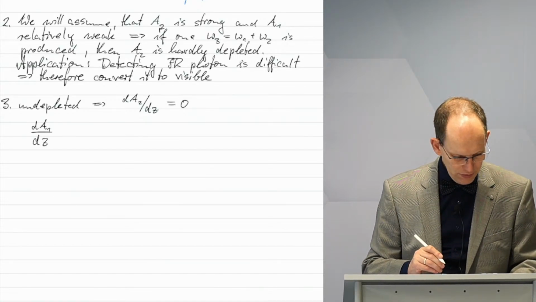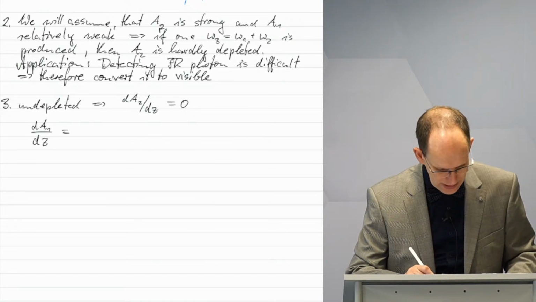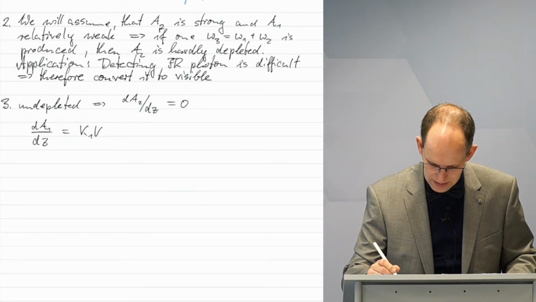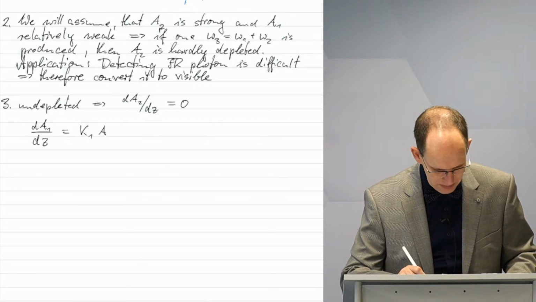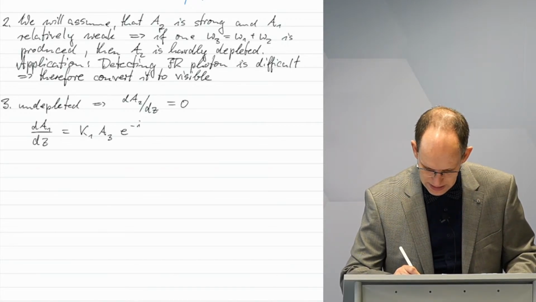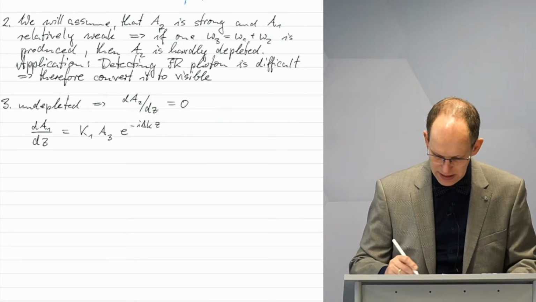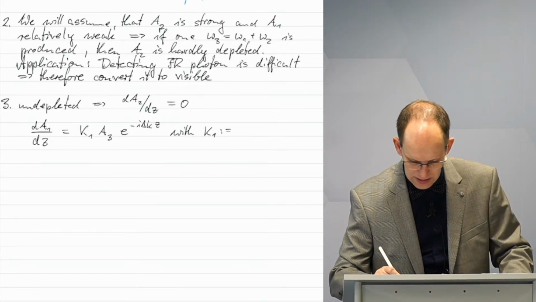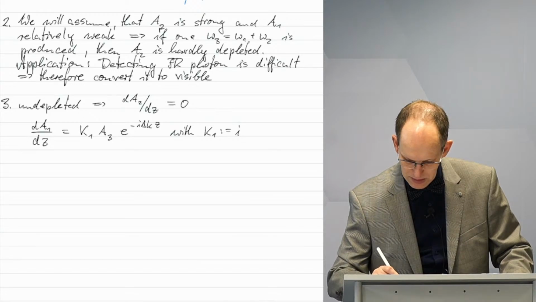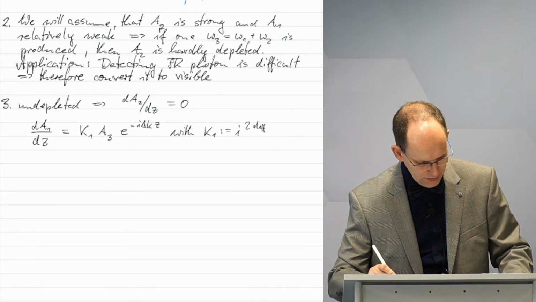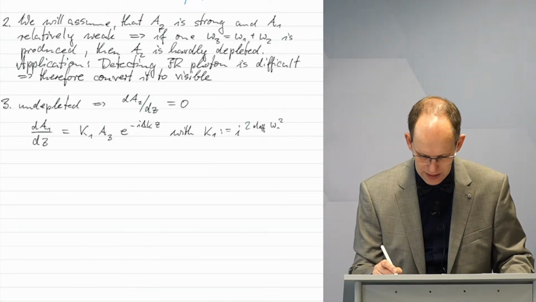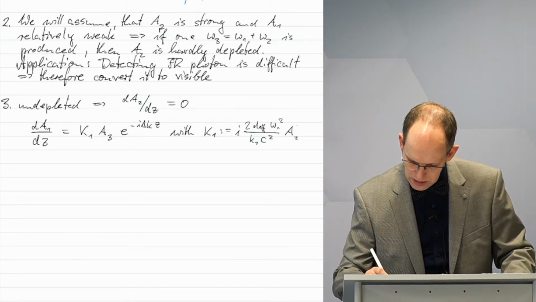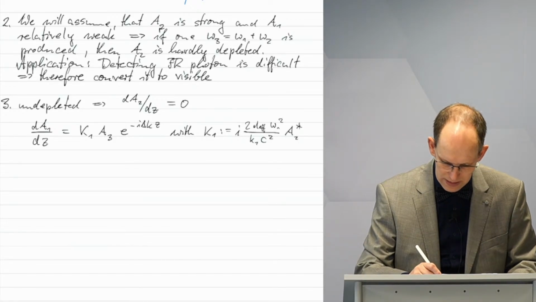So we have the derivative of A1, and I introduce now a few abbreviations, a few constants. So K1 times A3 times e to the minus i delta k times z, with K1 defined as the imaginary unit times 2 times the effective nonlinearity times omega 1 squared divided by k1 c squared and then A2 star, complex conjugated.